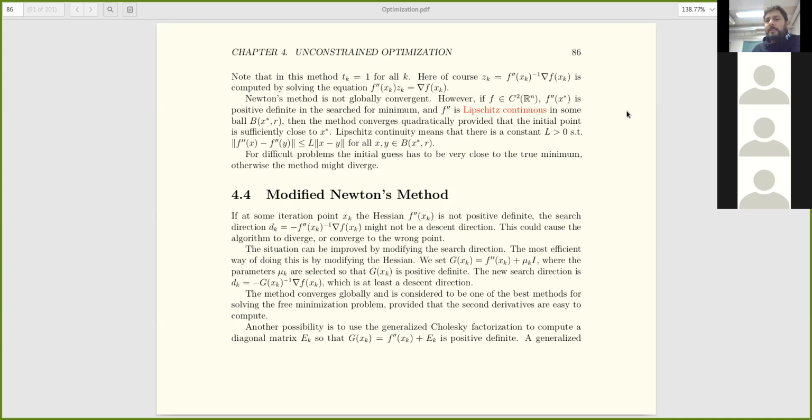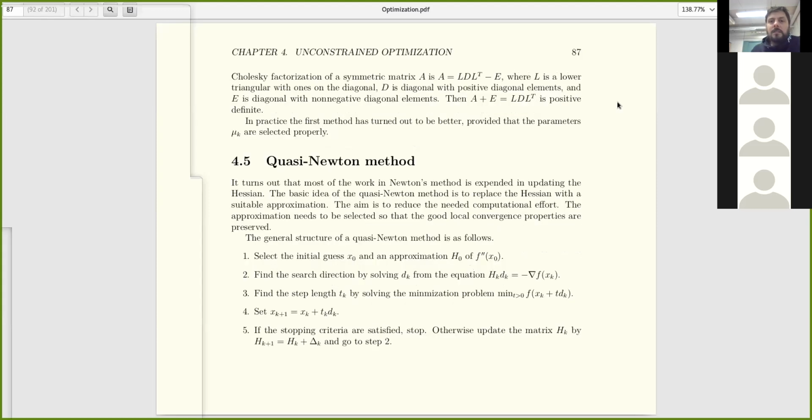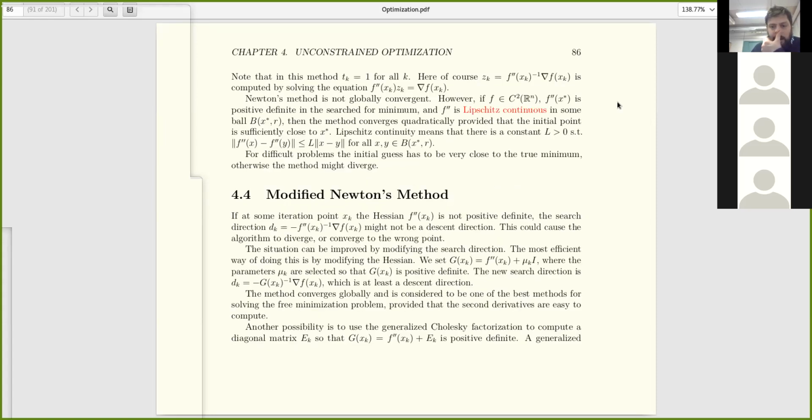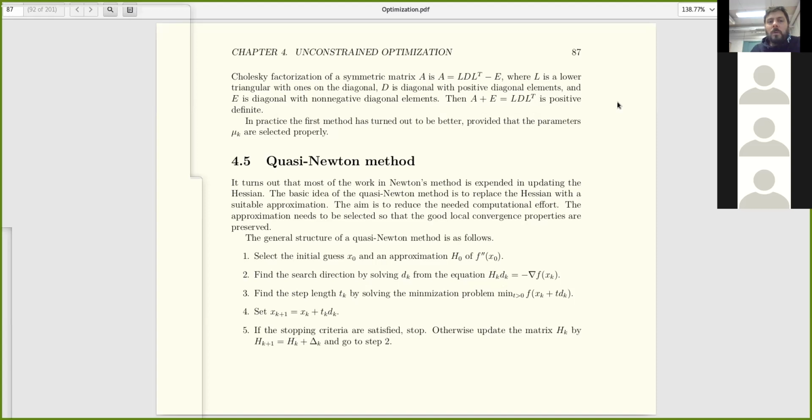This has the upshot that you can more readily fine tune this method, but this is somewhat involved in calculation of this Cholesky factorization, and we're not going to go there. We can do this if we want, but we don't really see a point in going into it that much.